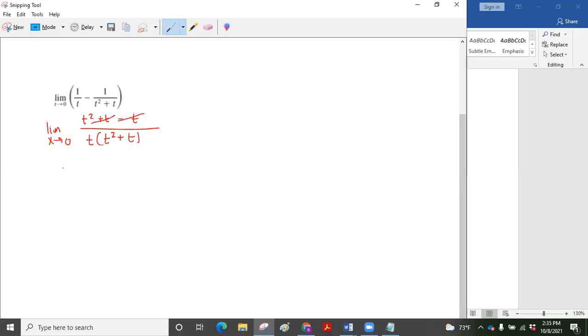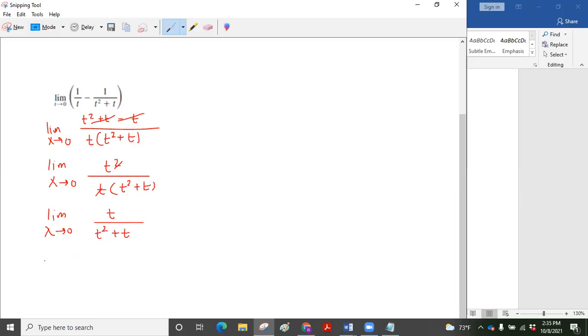These t's would cancel out, so we're left with the limit as x approaches 0 of t squared over t squared plus t, and one of these would cancel out, so we'll say the limit as x approaches 0 is just t over t squared plus t.